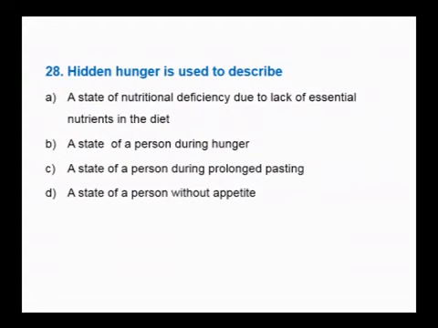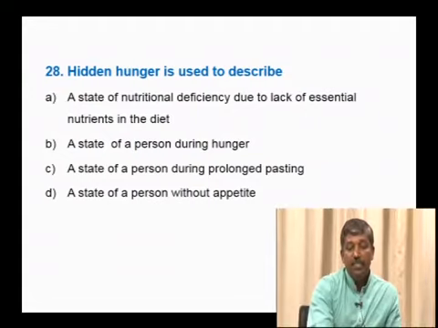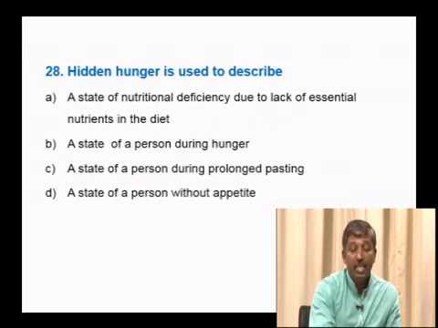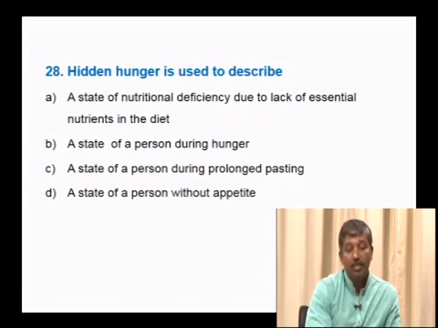Hidden hunger is used to describe a state of nutritional deficiency due to lack of essential nutrients in the diet, not a state of a person during hunger, a state of a person during prolonged fasting, or a state of a person without appetite.